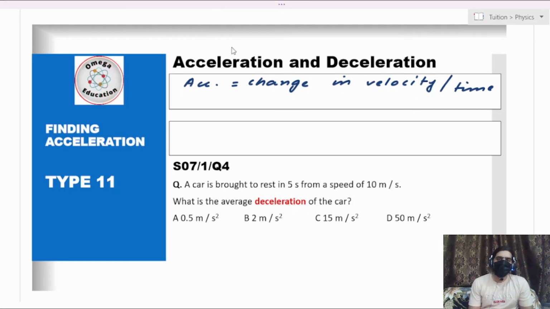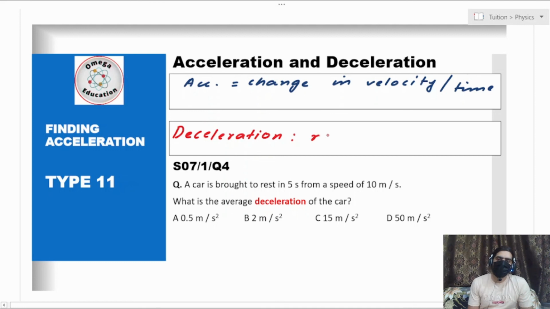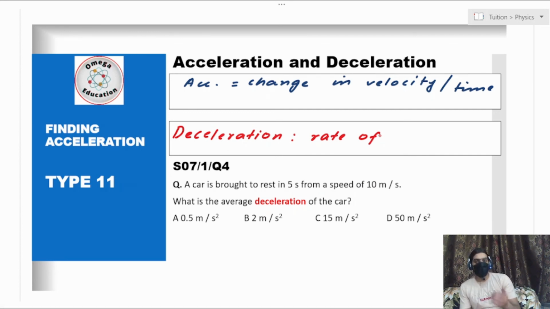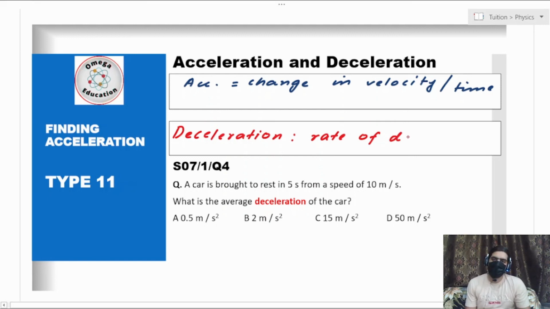So if the velocity is being decreased, then we nickname that acceleration as deceleration. So deceleration would tell you the rate of decrease in velocity, or in layman terms, deceleration corresponds to how quickly your speed or your velocity is being decreased, how quickly you slow down. Rate of decrease of velocity.